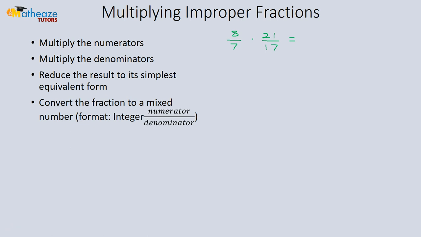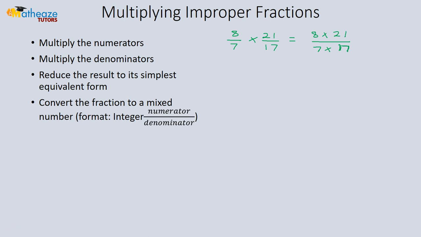Same method applies. 8 by 21, 7 by 17. Now, here is where we can actually apply both methods at the same time. So if you look at 7, you look at 21, you look at 8, you look at 17, you can start to see them here.